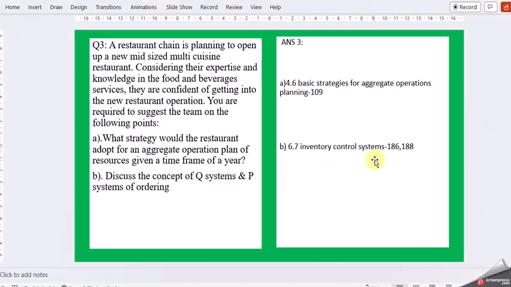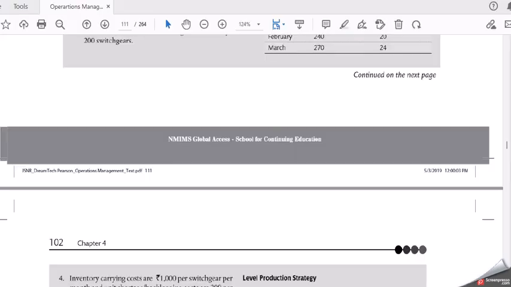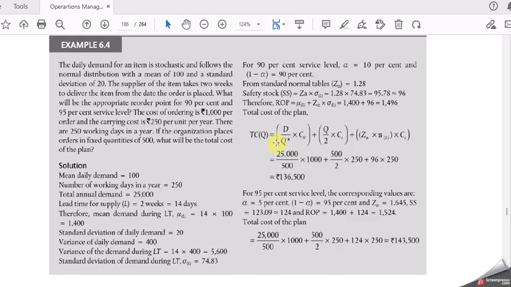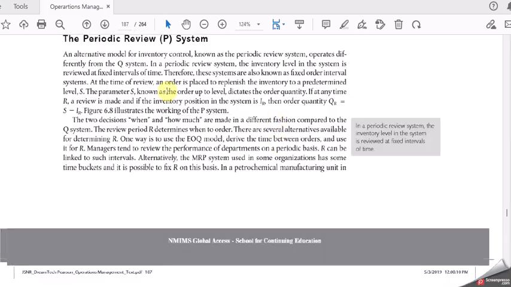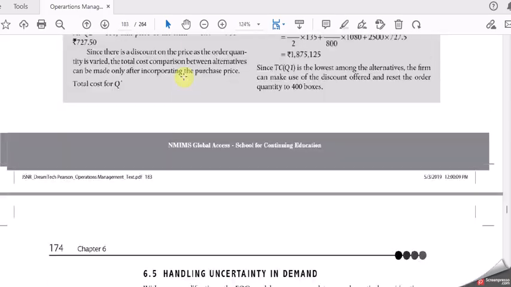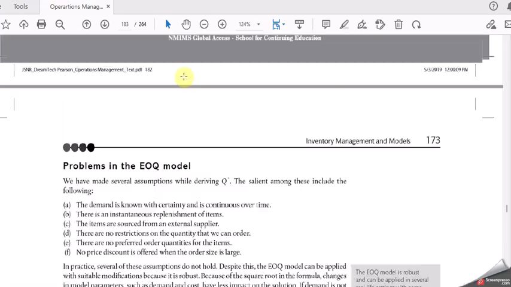Then for B, we have inventory control systems on page 186. Here you have the Q system and P system. So try to write something about inventory to come close to 500 words.